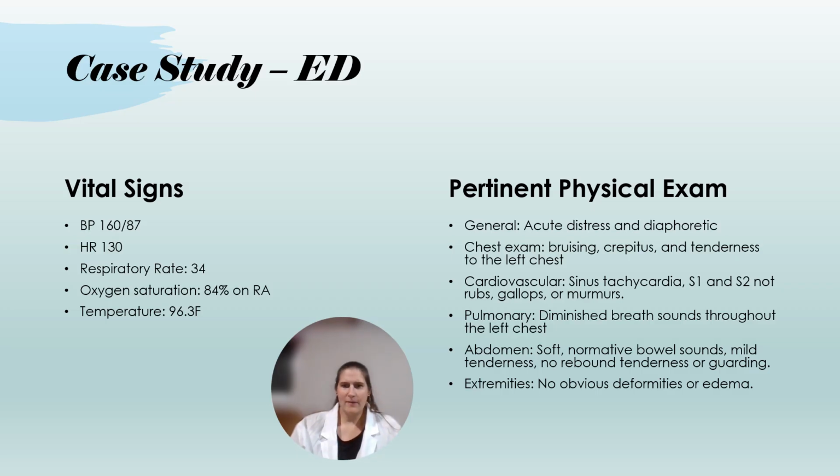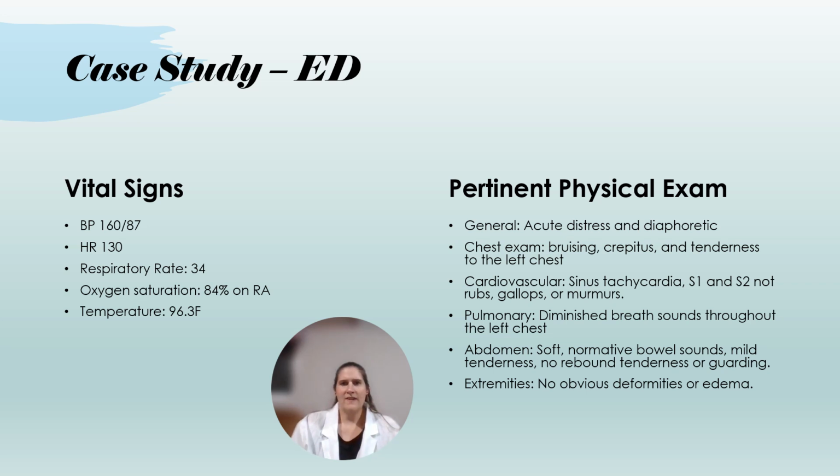His vital signs and pertinent physical exam, which includes bruising, crepitus, and tenderness to the left chest, prompt you to order a chest x-ray, which indicates multiple left-sided rib fractures. You also decide to order a chest CT, which confirms the rib fractures and also shows bilateral emphysematous changes, which are consistent with COPD.